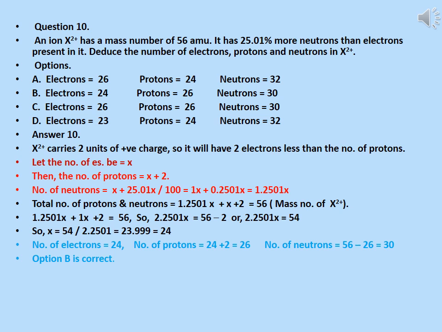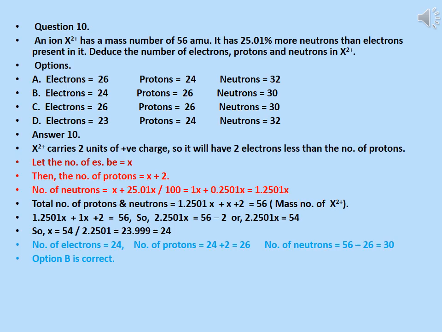Therefore, the number of electrons, x, is equal to 24. The number of protons is x plus 2, which is 26. And the number of neutrons would be the total number of particles in the nucleus, the atomic mass, which is 56, minus the number of protons.